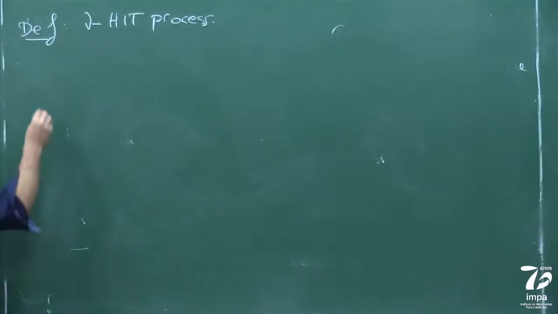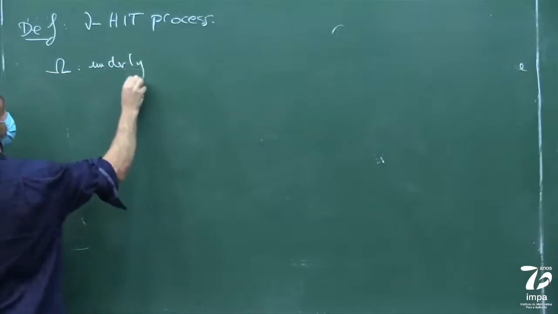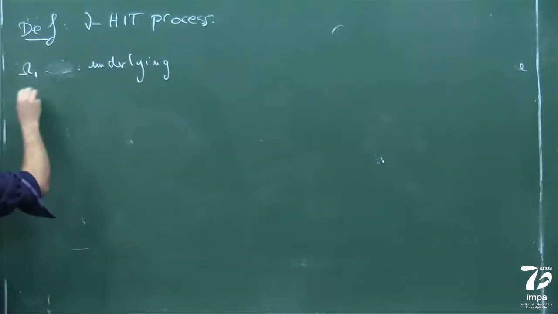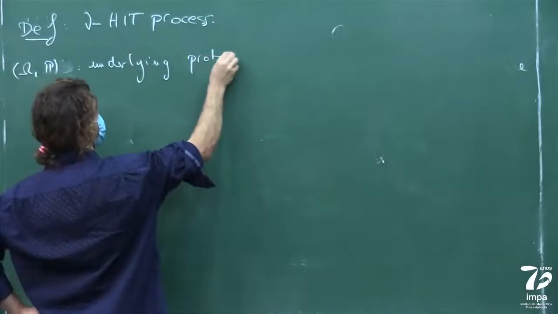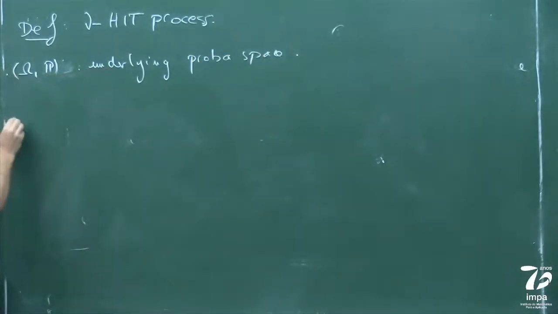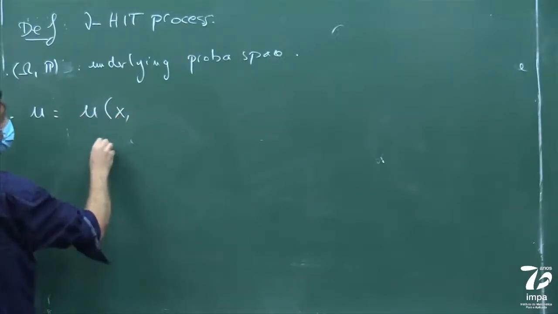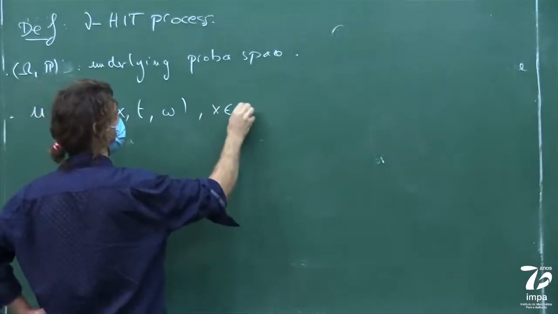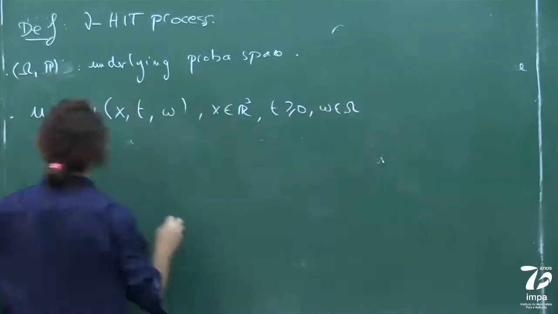Or more precisely, if we have an underlying probability space, a process u will be something parameterized by space-time and the realization, where x is in R^3, t is greater than 0, and omega in the ensemble of realizations.